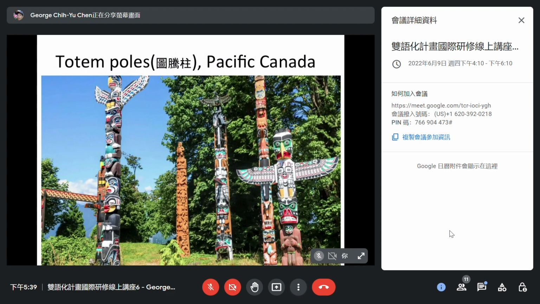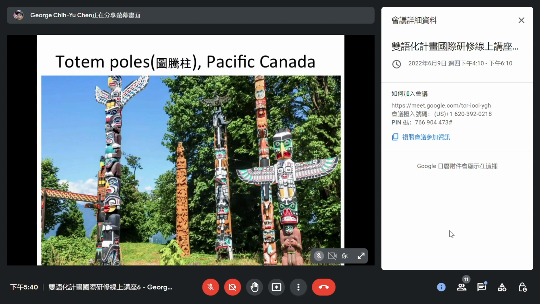They are called totem poles because different designs, symbols and icons are carved on these large tree trunks. Totem poles are large sculptures carved from large trees, usually cedar.